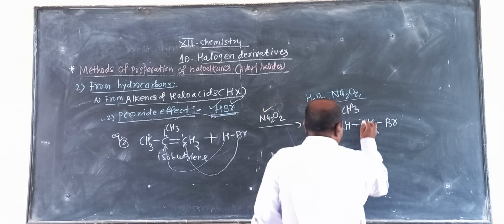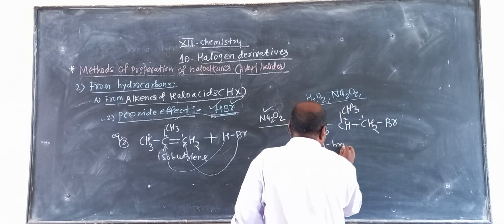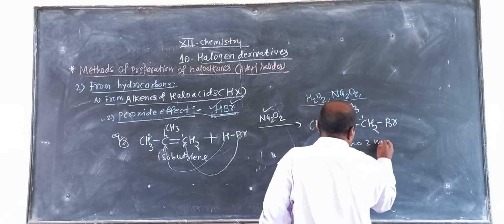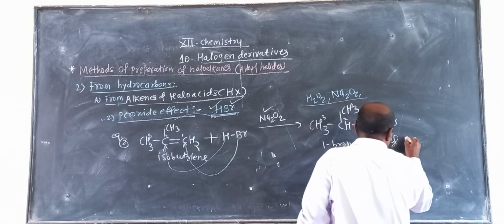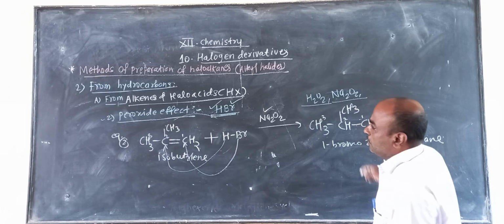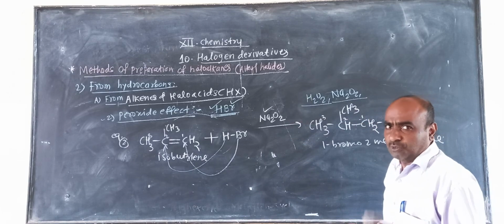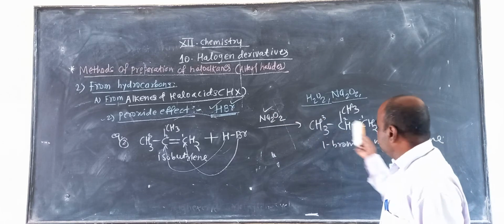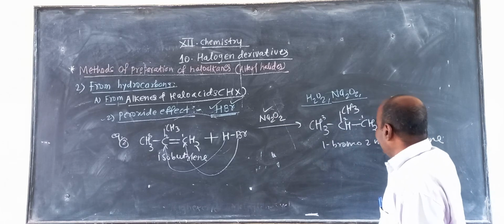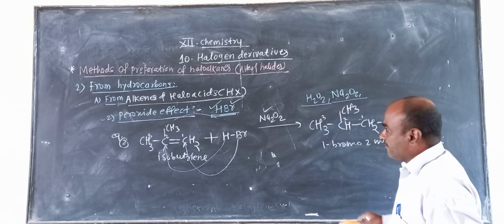So the name of the product will be, for carbon number 1, 2, 3, 1-bromo-2-methylpropane. Okay, so by using the peroxide effect we can also prepare several alkyl halides, either by using Markovnikov rule or anti-Markovnikov rule.